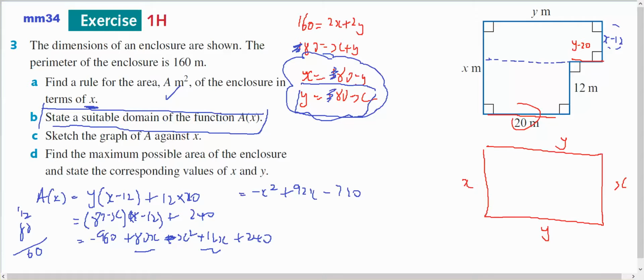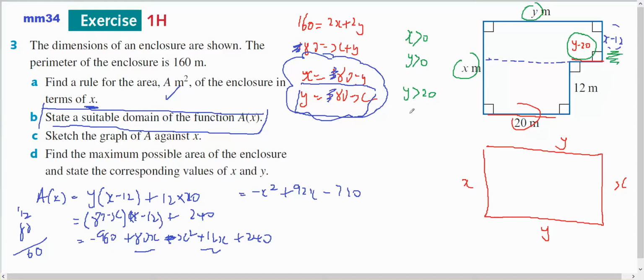Okay, how I'm going to find the domain often is having a look over here. Y and x both have to be bigger than 0. Because I have this, y minus 20, y is going to be bigger than 20, because if y was 19, then that would make no sense.